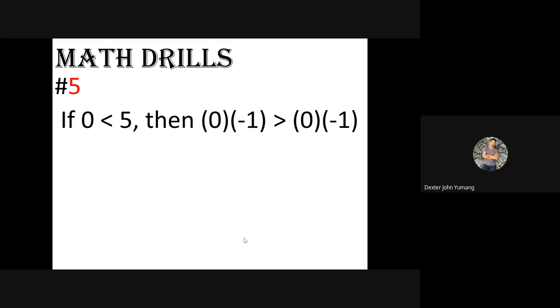Ang clue dyan, nag-multiply siya ng negative number. Tapos nag-change ang sign or symbol. Okay, kay Ayan daw. Si Ayan na lang ata hindi natatawag. Tama ba? Ageleo? So, 10 seconds. 9, 8, 7, 6, 5, 4, 3, 2, and 1.